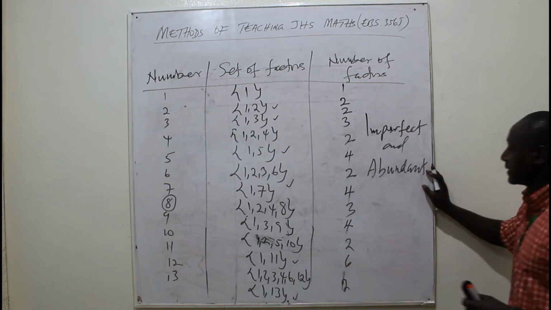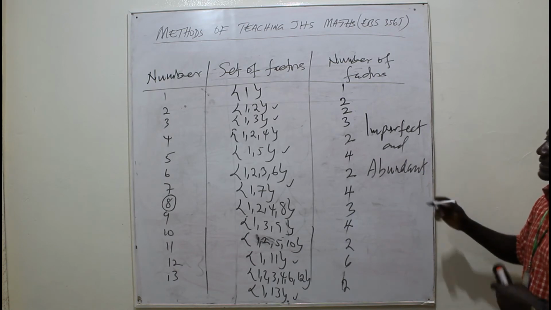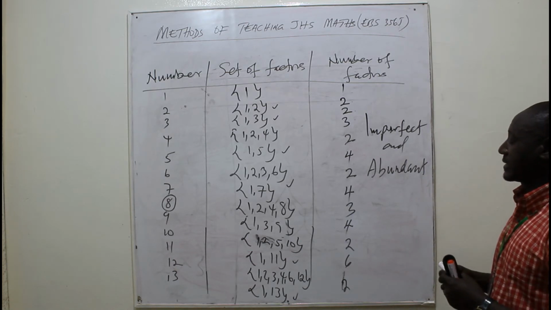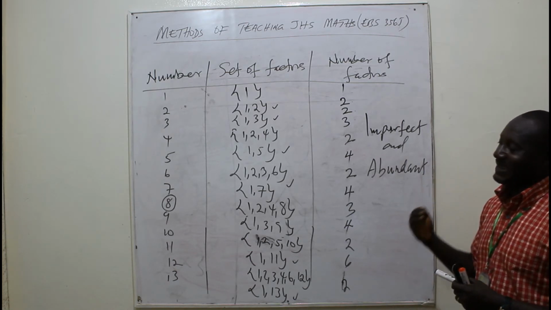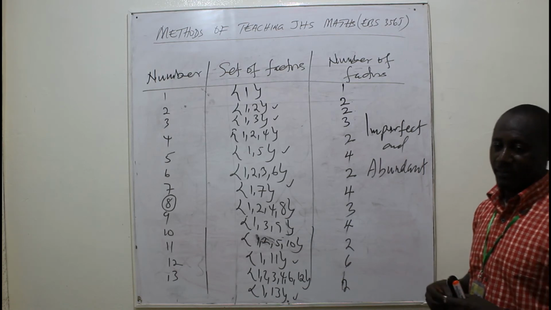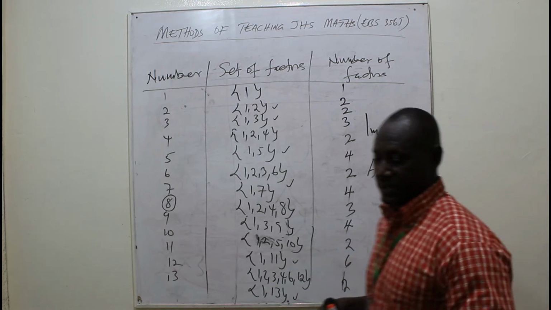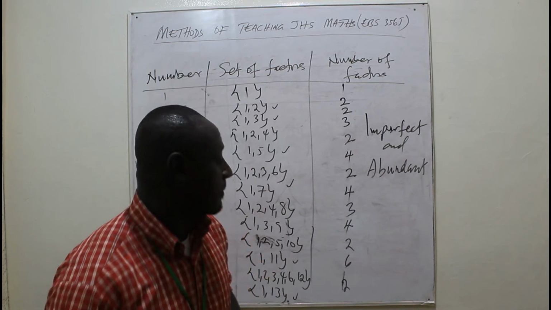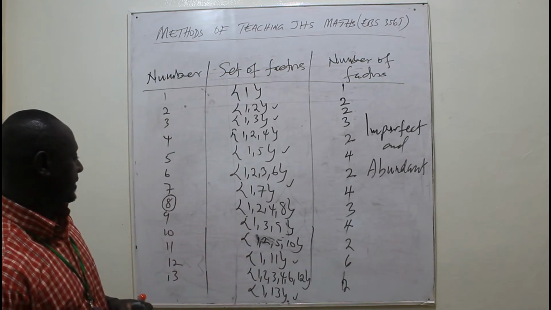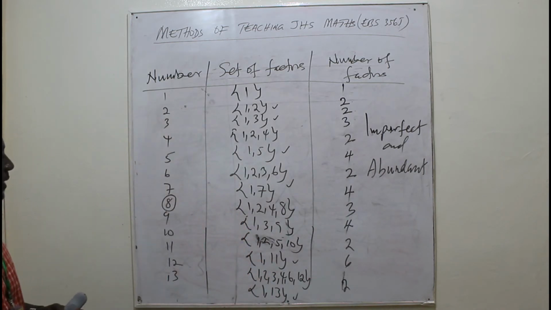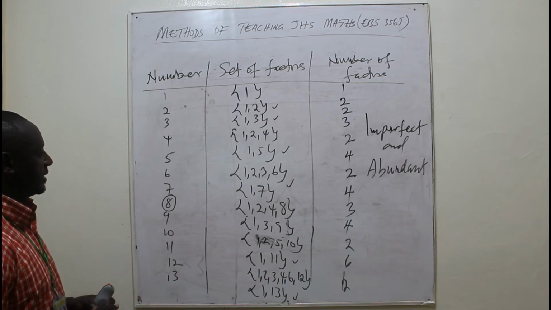Imperfect and abundant numbers are the vice versa of the first one. That is, when the number is less than the sum of its proper factors. So let's go through and look for a number which is less than the sum of its proper factors.